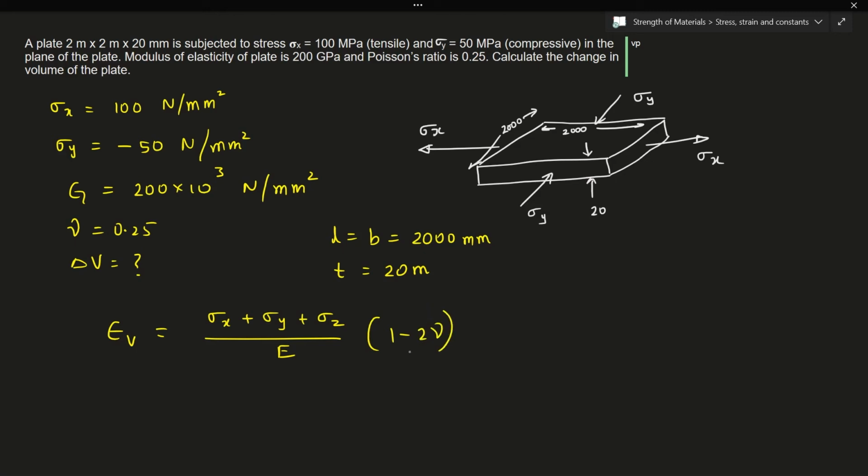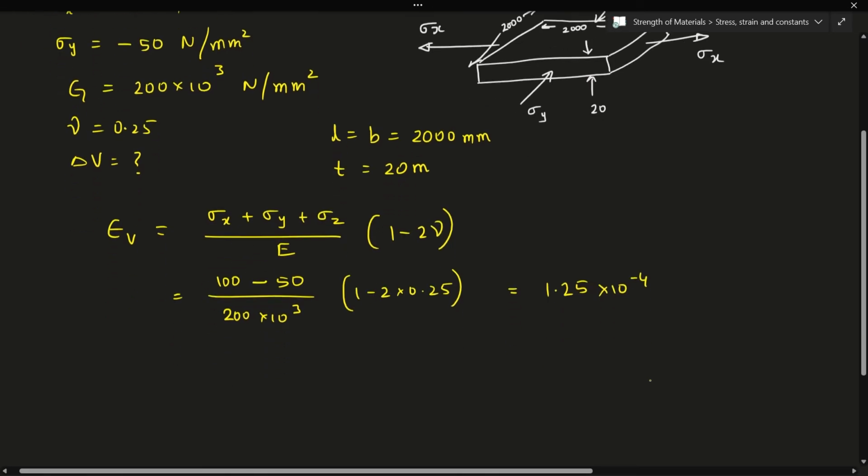If we substitute in this formula, sigma x is 100, sigma y is minus 50, sigma z is 0, divided by 200 into 10 to the power of 3 into 1 minus 2 into 0.25. So 0.25 into 2 is 0.5, and 1 minus 0.5 is 0.5. If I simplify this, the volumetric strain would be 1.25 into 10 to the power of minus 4.